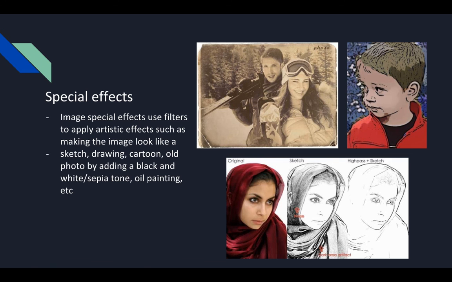So special effects use filters to apply artistic effects to an image. Some examples are making an old photo by using a sepia or black and white tone, making an image look like a painting or drawing.